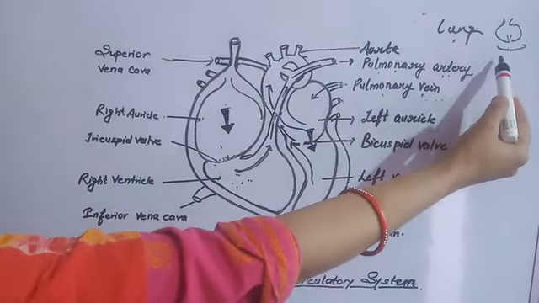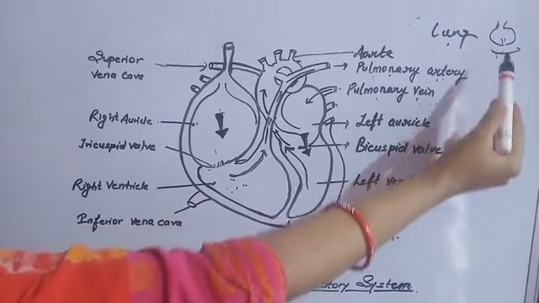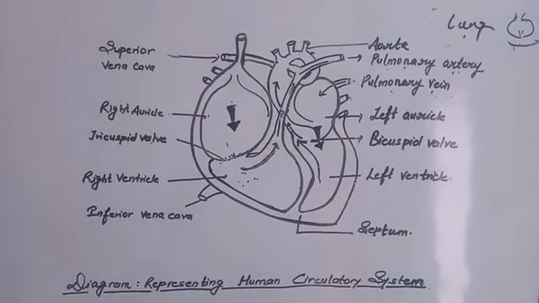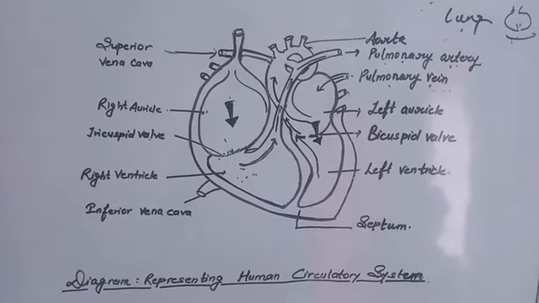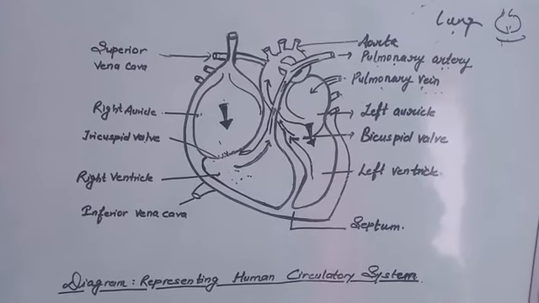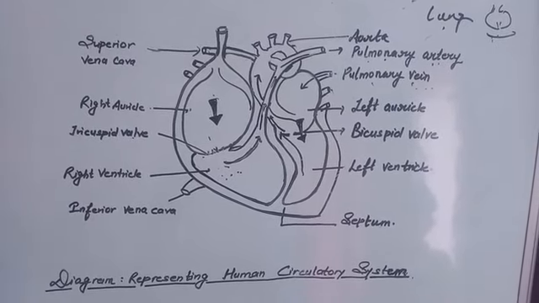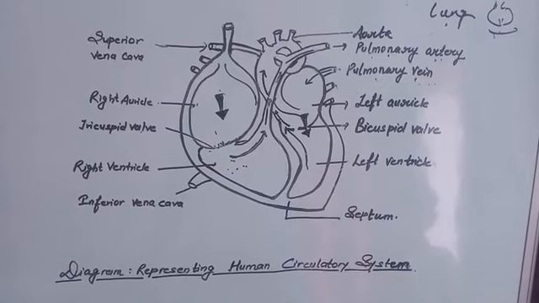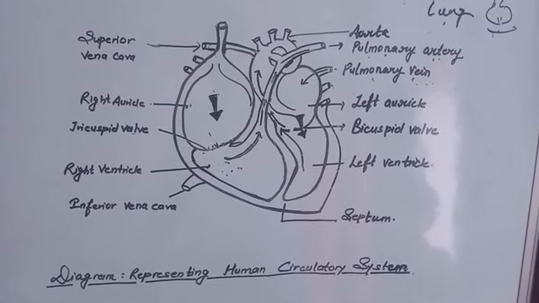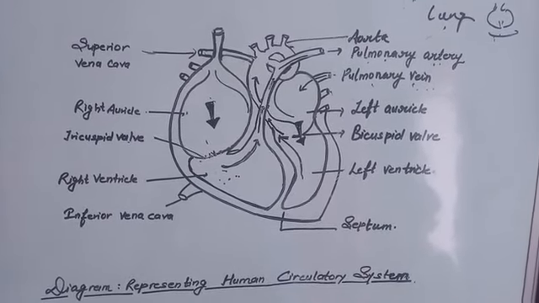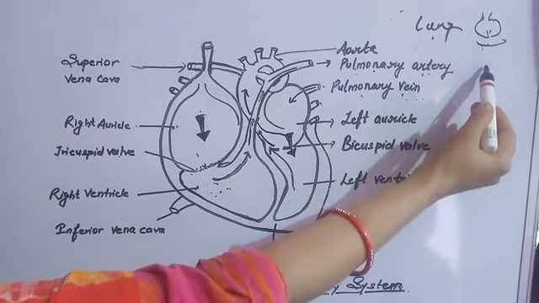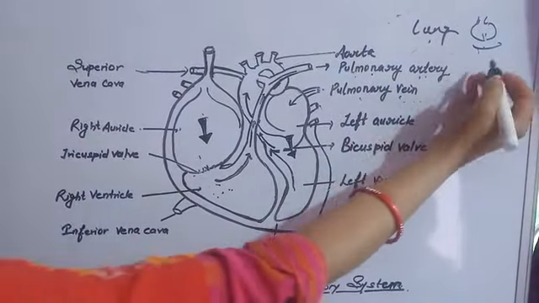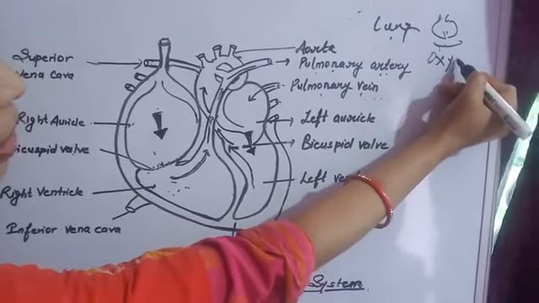Here the exchange of gases takes place and the blood gets oxygenated. The lung is the only organ which collects deoxygenated blood and gives oxygenated blood, while all other organs collect oxygenated blood and release deoxygenated blood. Here the blood is converted into oxygenated blood.